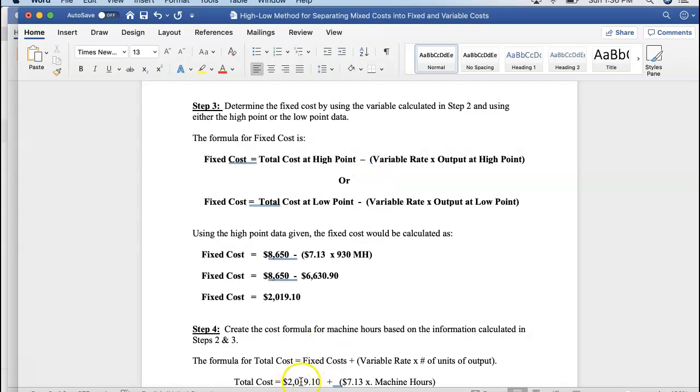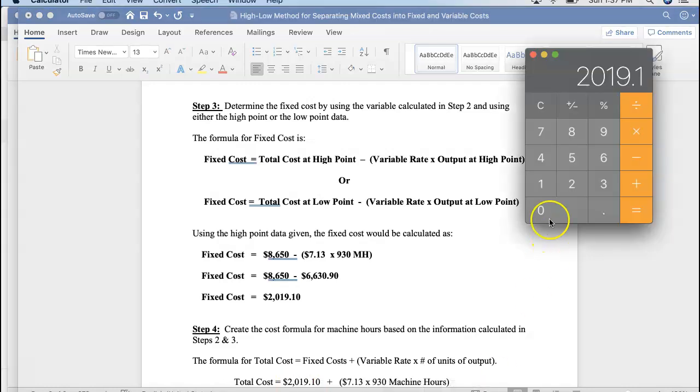So here's the fixed cost portion, the $2,019.10, plus the variable portion, which is the variable rate times the number of machine hours. So let's fill in the number of machine hours here at the high point, which was 930 machine hours. Let's see if, when we calculate this, it actually equals the total cost that we found in our chart at the top.